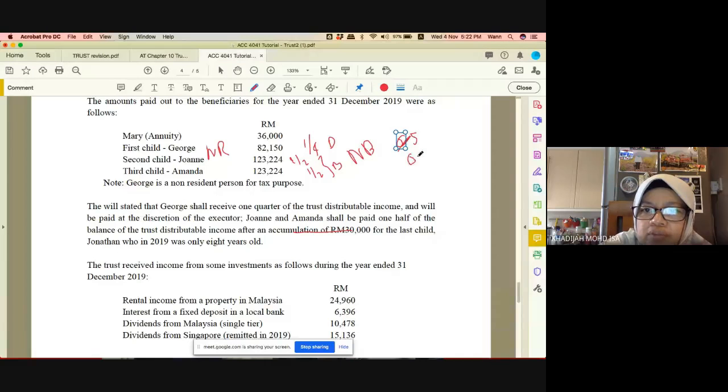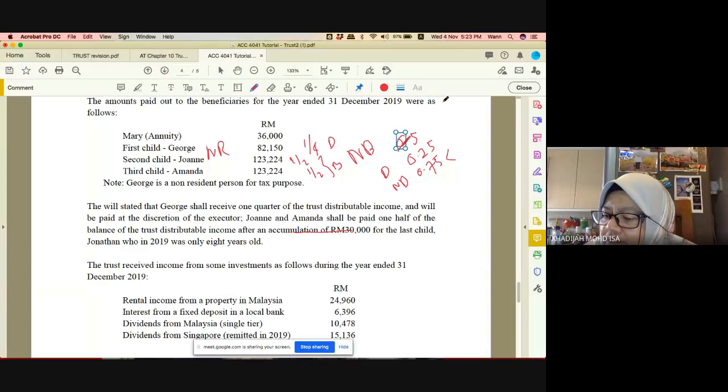So what happened is that you have 0.25, then 0.75. So this one is the discretionary, this one is the non-discretionary. And this 0.75 you're going to divide between 2, half-half. So kalau 0.75 divided by 2 jadi 0.375.